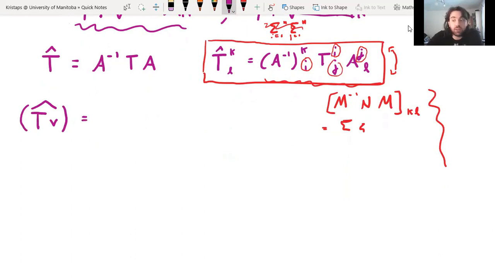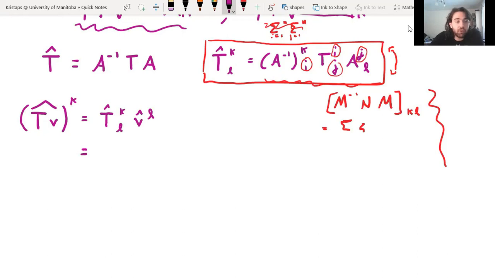Well, the kth component of this should be the same thing as T in the new basis, whatever that is, we're trying to figure that out, acting on V in the new basis. We're just applying the appropriate matrix multiplication here. Again, we're just rewriting matrix multiplication in Einstein summation notation.